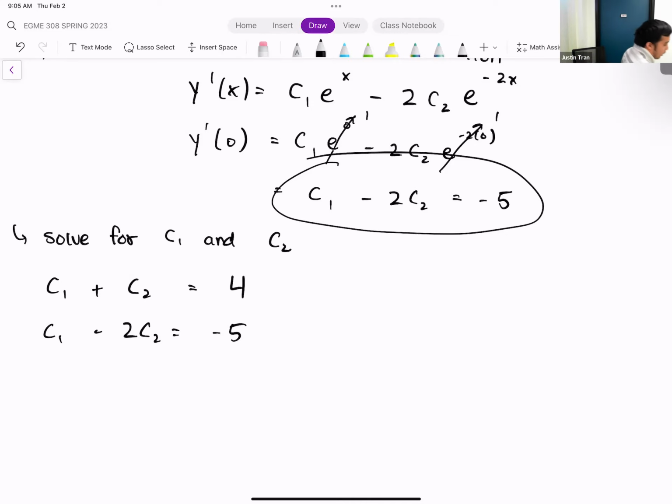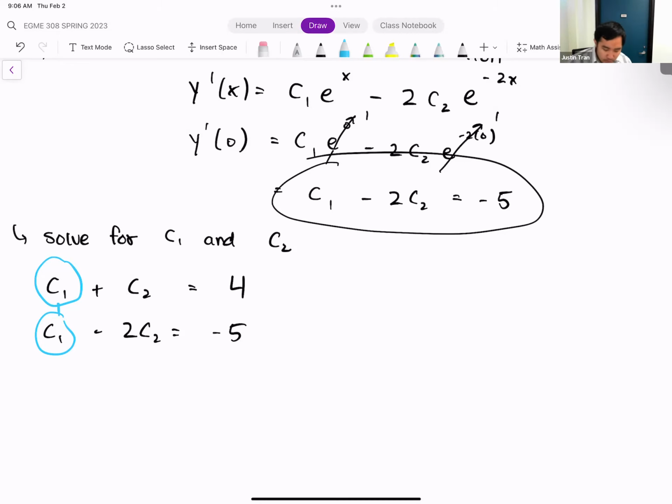And so I'll show you how I usually approach these kinds of problems. Usually, when you're applying initial conditions, you get two algebraic equations. And a lot of times you get situations like this, where both equations have the same term. So the first equation has C1 with a coefficient of 1 in front. The second equation has a C1 with a coefficient of 1.